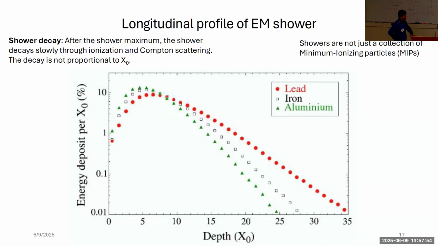As the photons get to lower and lower energies, they tend to Compton scatter and even undergo photoelectric absorption, while the electrons lose energy more through ionization rather than radiation. This shows that showers shouldn't just be thought of as a collection of minimum ionizing particles. They have this more complex feature towards the end of the shower.